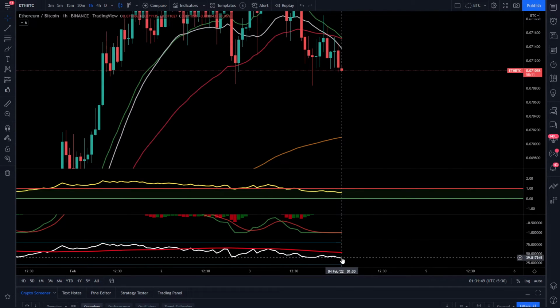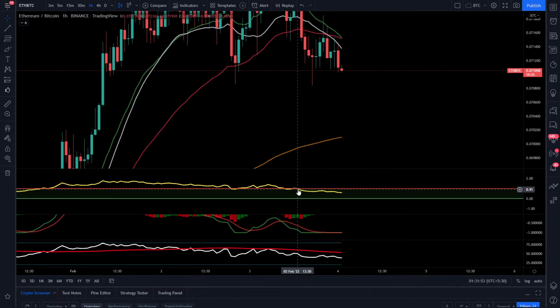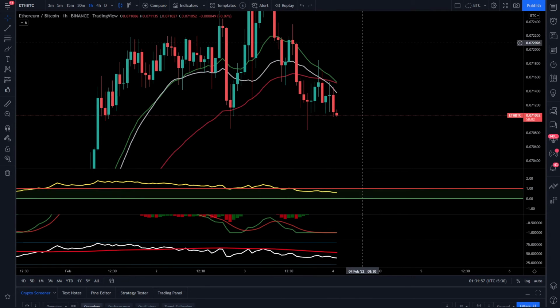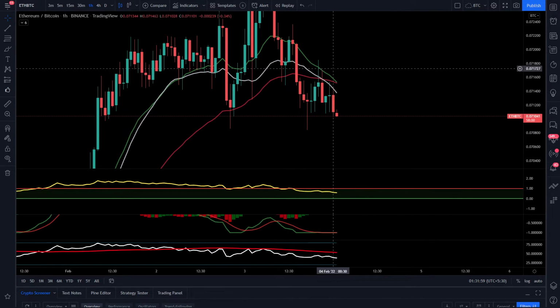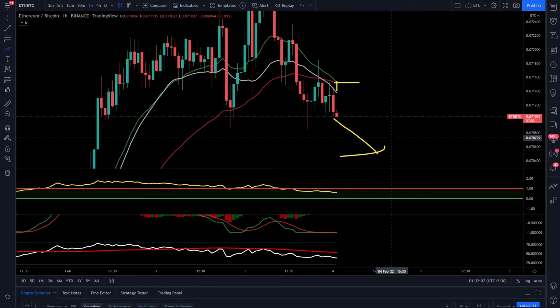The RSI is at 39-ish, so it's not oversold, so most likely it could drop more. The Bollinger Band strategy has given us a sell. We are trading below all kinds of moving averages, and we will be having a death cross soon on this one, which might cause us to drop more.